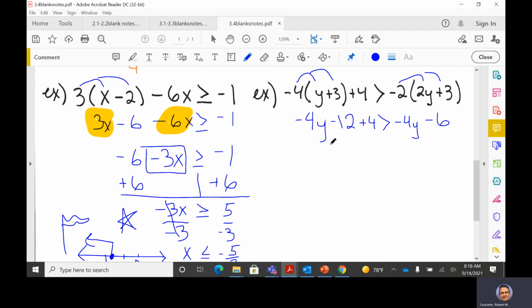Right now I got variables and pieces all over the place. Let's combine this here first. It's driving me crazy. So we have a negative 12 plus a 4. So this is really a negative 8 here. This is helping us get it to look a little better, right?